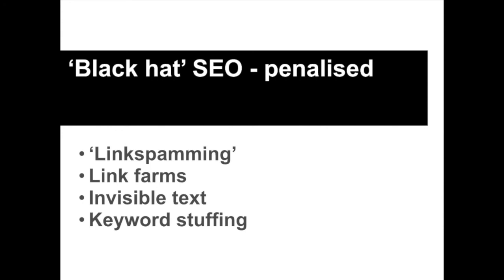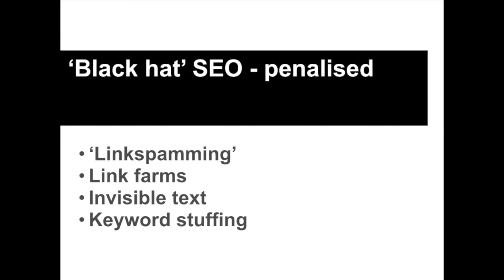A similar practice is what's called link farms. A link farm is where a number of people agree to link to each other from their websites, so they all benefit from the boost in SEO. Search engines have, for a long time, been able to detect this practice, and they will penalize you if that happens. Invisible text is where text is made invisible to humans by, for example, making it white text against a white background, but search engines would still be able to see that text.